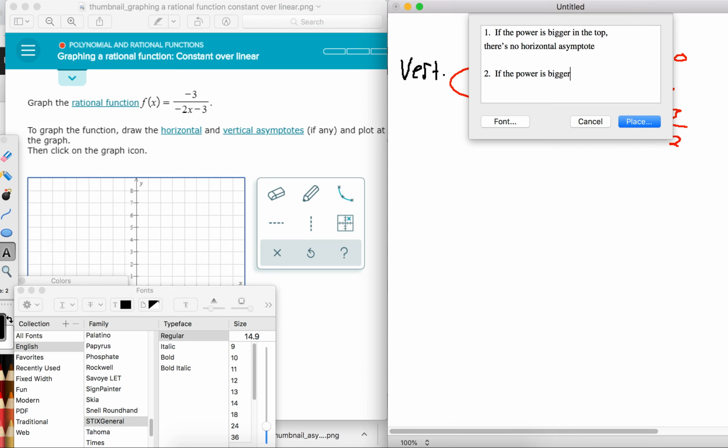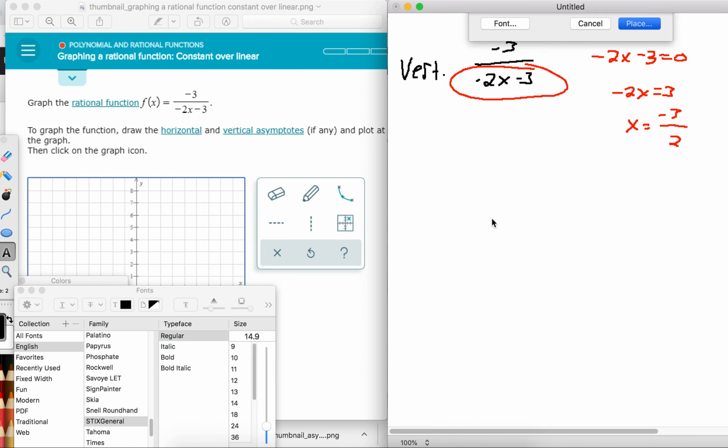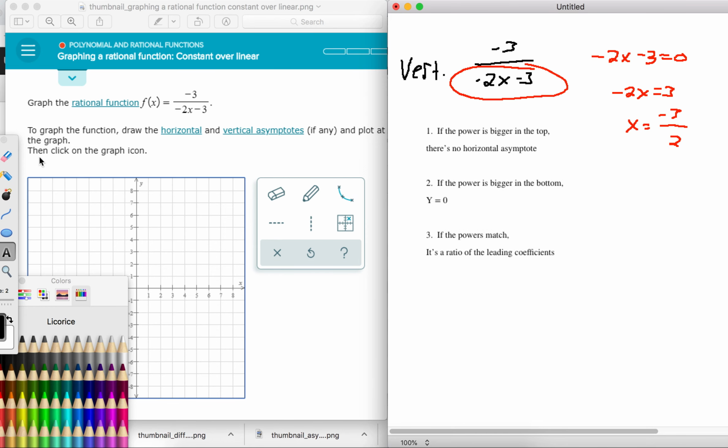Power is bigger in the bottom, the horizontal asymptote is always y equals 0. Okay? If the powers match, it's a ratio of the leading coefficients, which means those numbers attached to the highest power. So if you look at those 3 conditions, what we mean by the power in a function means the power of x.